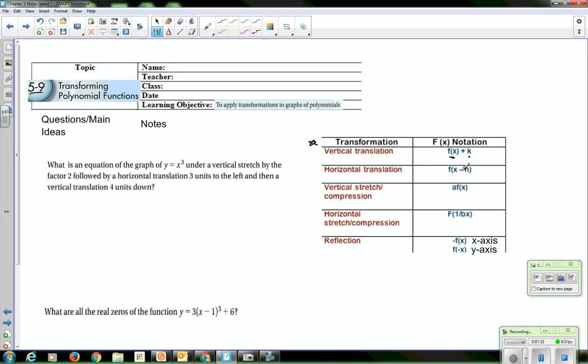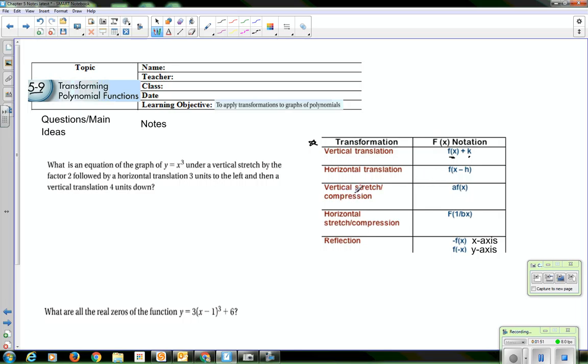And remember, it's opposite. So if I have, say, x minus 4 squared, that is a translation to the right. Minus is right, plus is left.